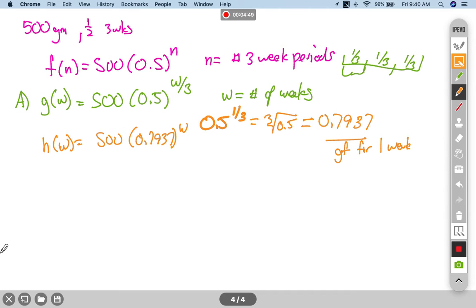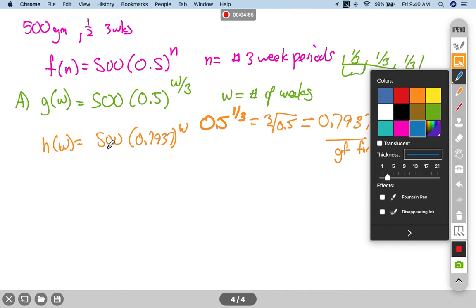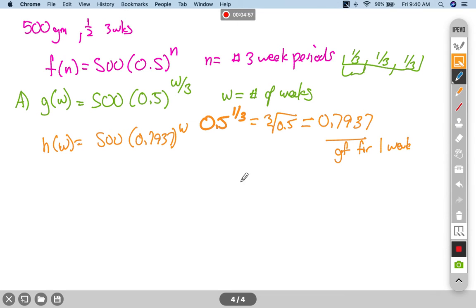So for part B, oh, my pen's upside down. For part B, we want to know after 2 weeks. That's pretty straightforward. We have our formula already, and I can use either one of these formulas.